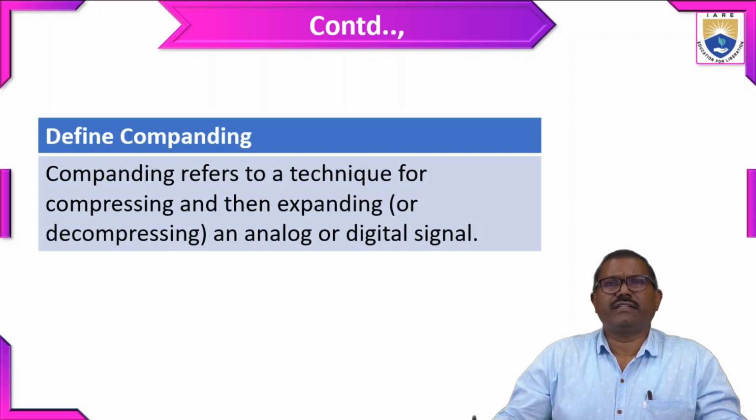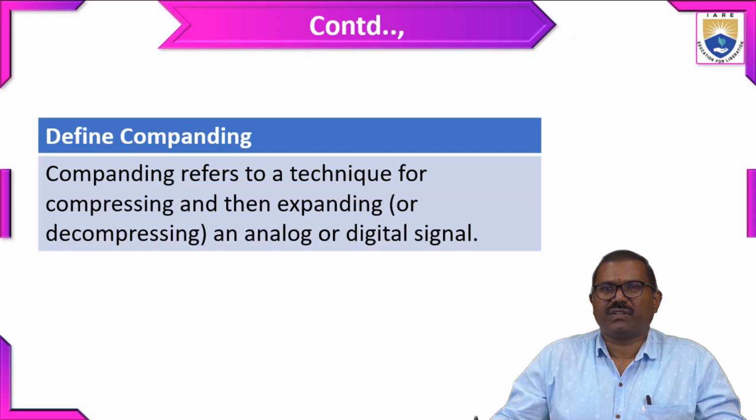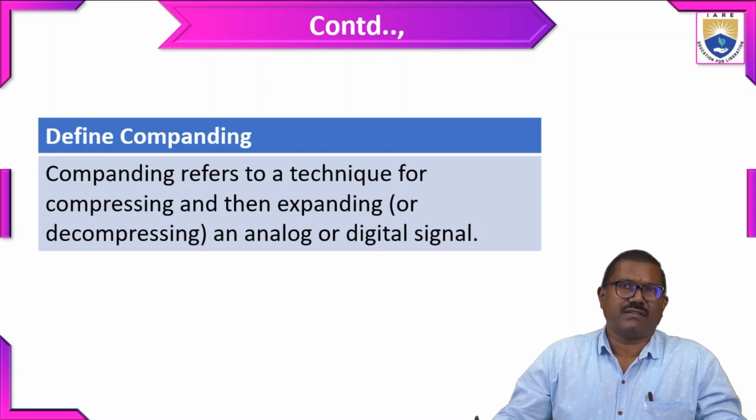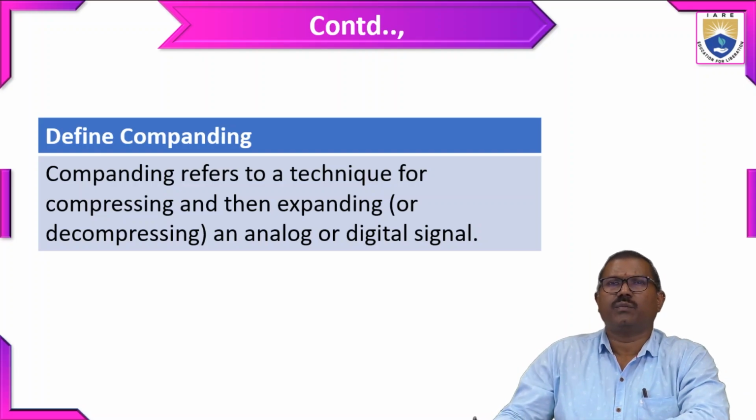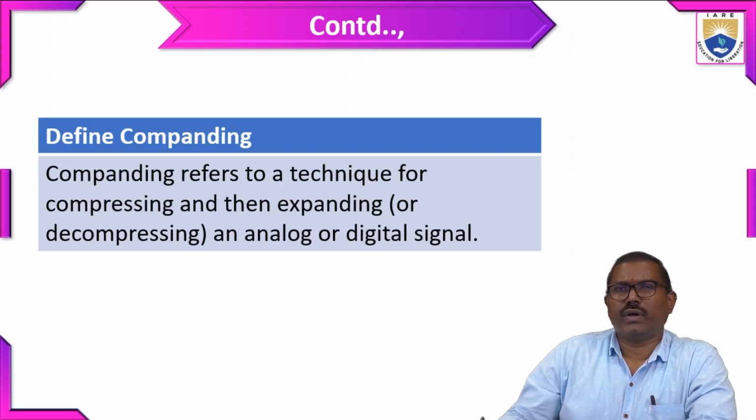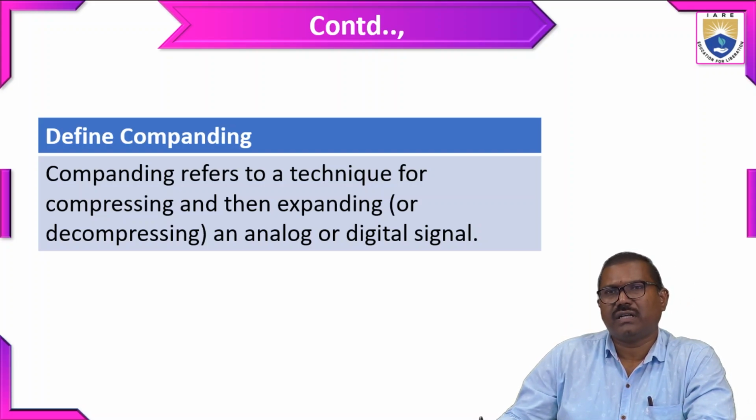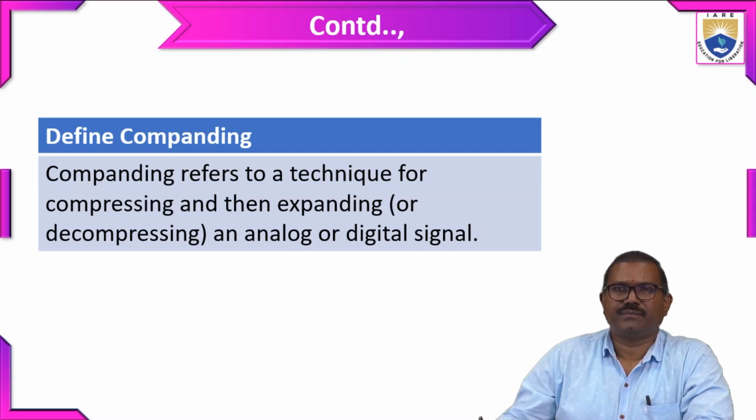Companding refers to a technique for compressing and then expanding or decompressing an analog or digital signal. So here we know where compressing is done and where expanding is done.